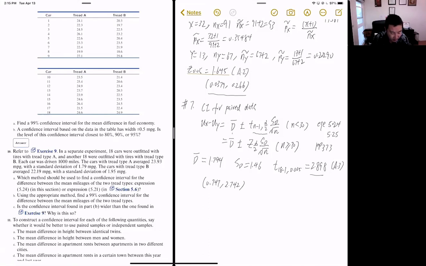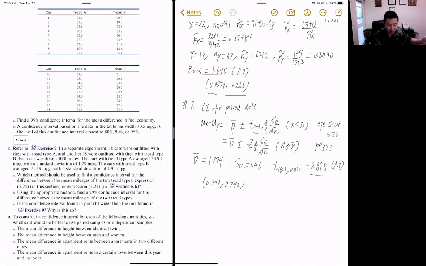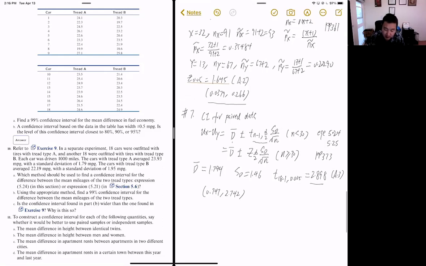For question number 10, we have 18 cars with tread type A and another 18 cars with tread type B. So these are two independent samples, not paired data. We cannot use the equation for paired data to solve question number 10.